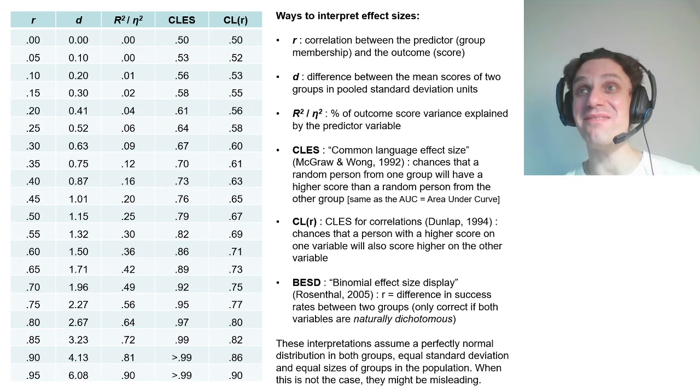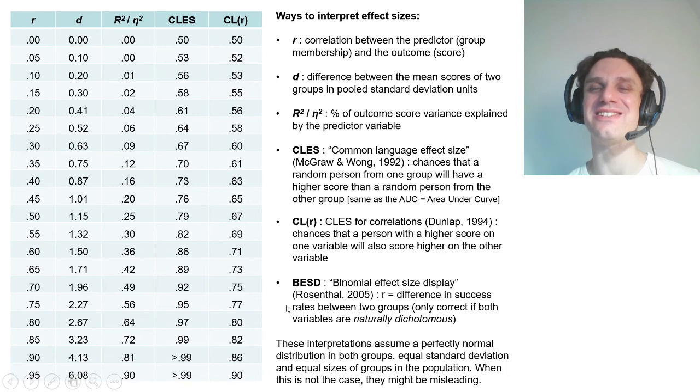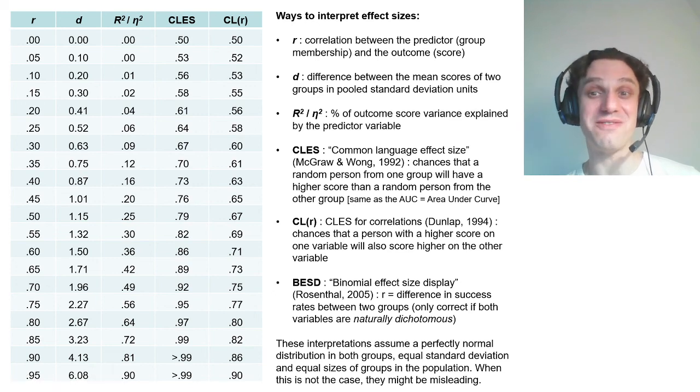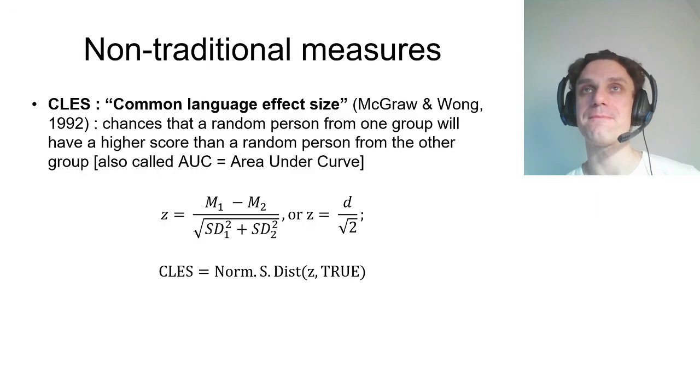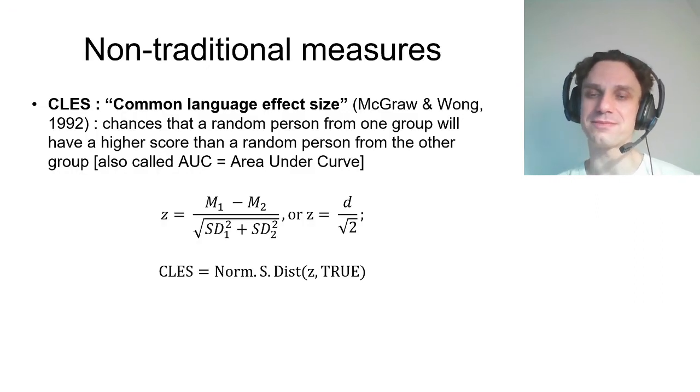And some people have come up with different ways to do it. So here you can see three different alternative effect size estimates that you can use to explain your effects to non-specialists, to lay people. The first is called common language effect size. It is an effect size indicator for the situation of comparison between two groups.